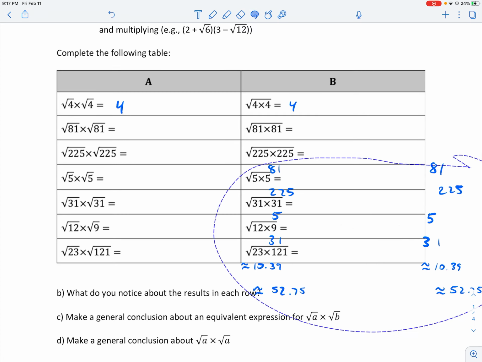Okay, let's try this next one. This next one needs a little bit of fixing too. This 3 shouldn't be 3. It should actually be 28. Let me clean it up again.